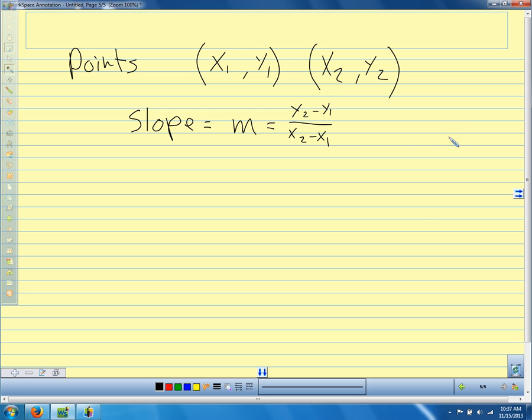And if we have a graph, and we have 2 points on a graph, if they're in nice places, we could count boxes, count spaces to get our rise and our run. Or we could just say that these 2 points are x1, y1, and x2, y2, and use our formula for the slope.